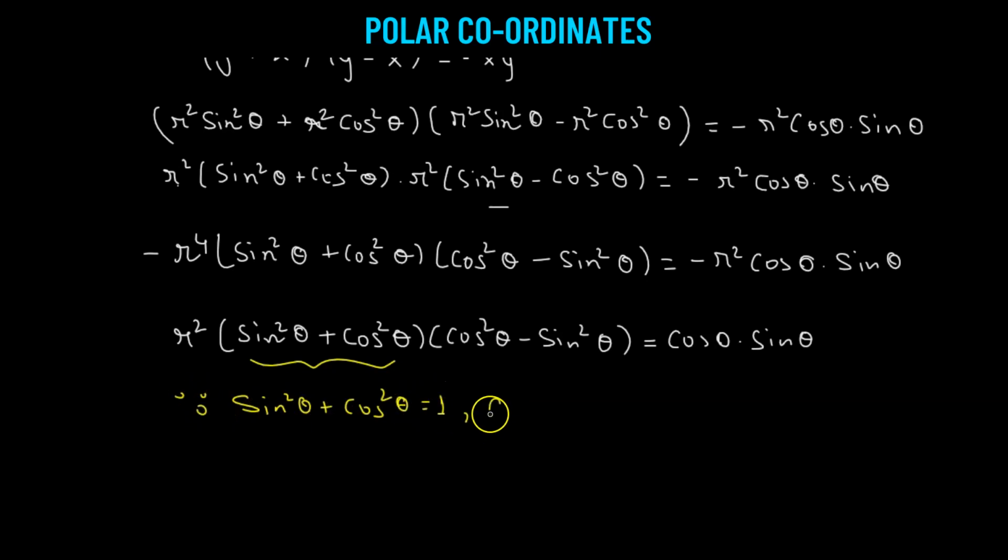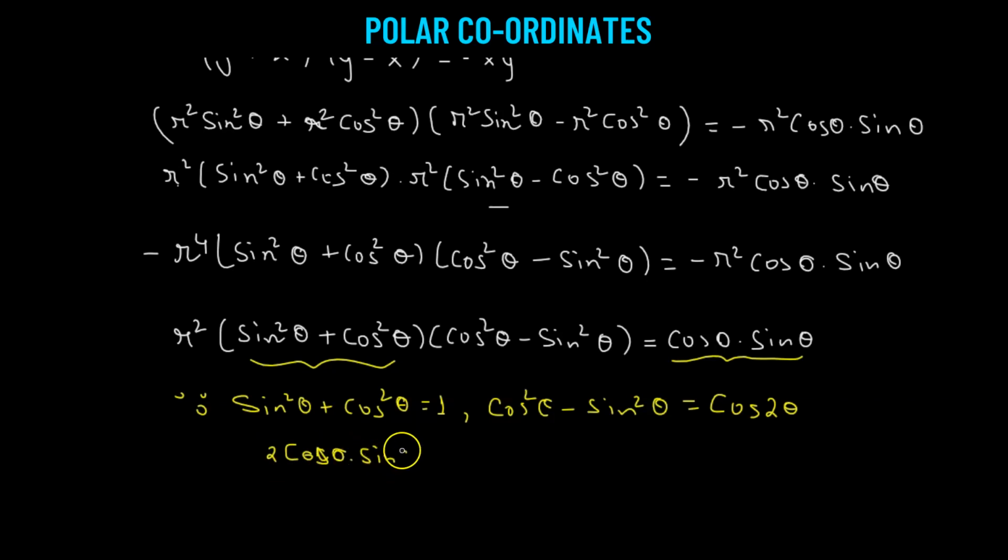And we have the other trig identity, cosine squared theta minus sine squared theta, which equals cosine of 2 theta. Now we have one more identity here, cosine theta times sine theta. We know that 2 times cosine theta multiplied by sine theta is actually sine of 2 theta. So in that case, we have a 2 missing here. That's fine. We can multiply cosine theta sine theta by 2, and 2 being an extra term, we are going to multiply with half as well.